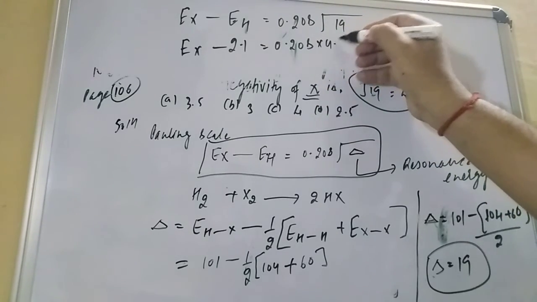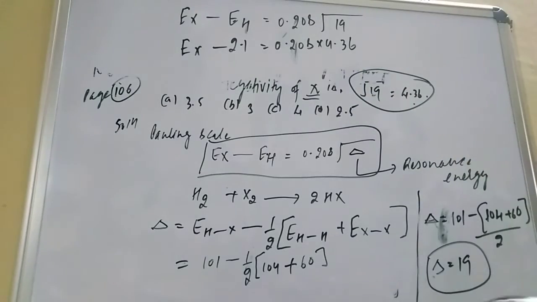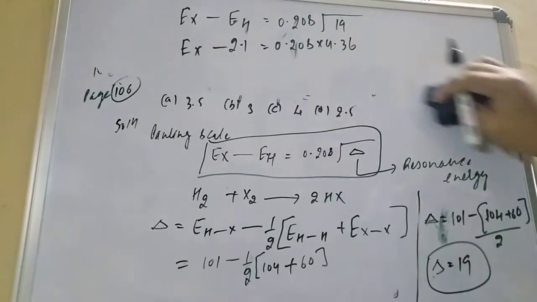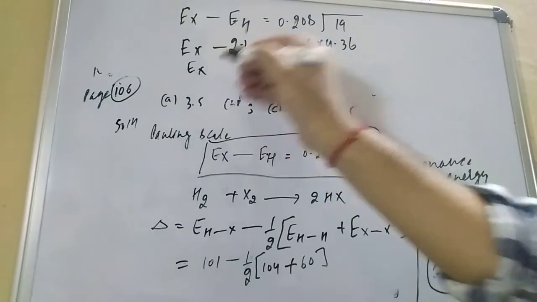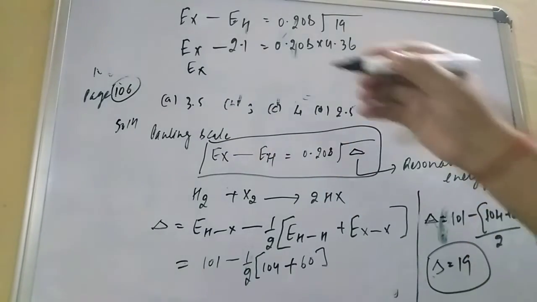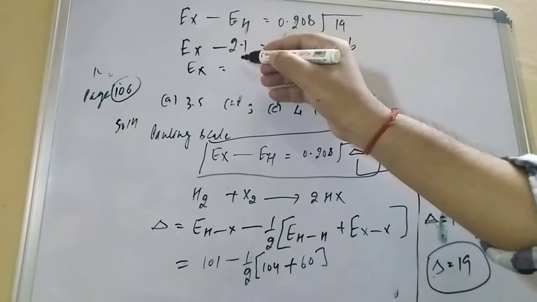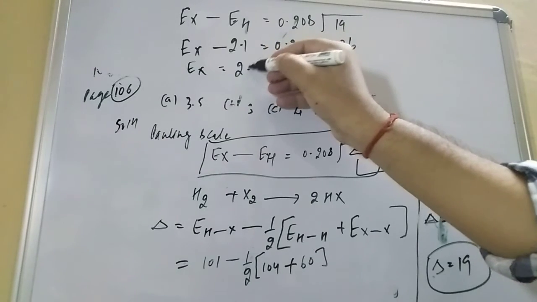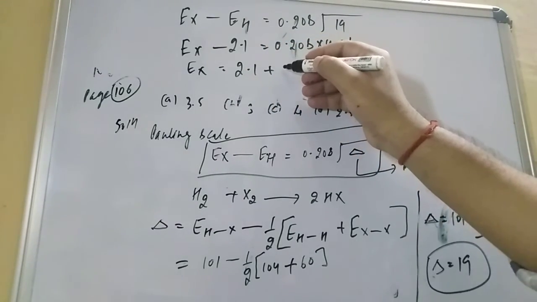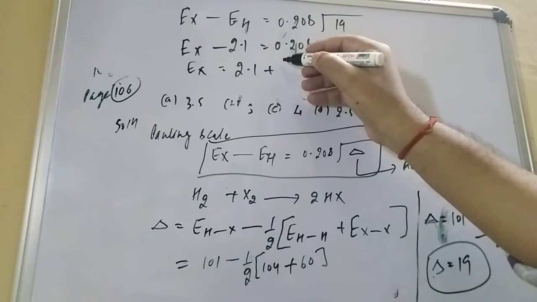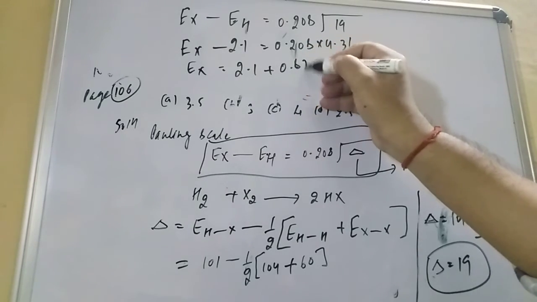So multiply by 4.36. Now if you are calculating this, if you are multiplying this, let us see what is happening. So EX is equal to, this will go that side, so it is plus 2.1, and after multiplying, students, you will be able to get 0.87.